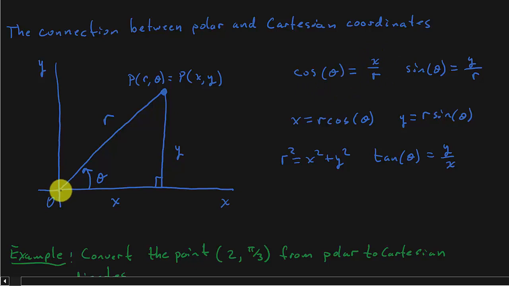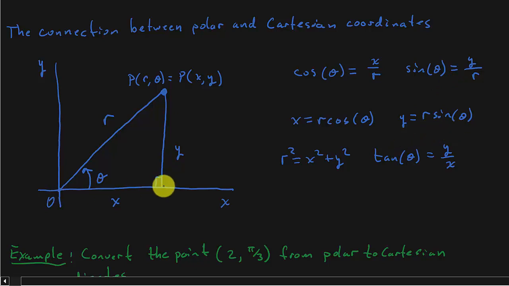And same thing with sine. We know sine theta is opposite over hypotenuse, or y over r. If we solve this one for x, we get x equals r cosine theta. We solve this one for y, we get y equals r sine theta.